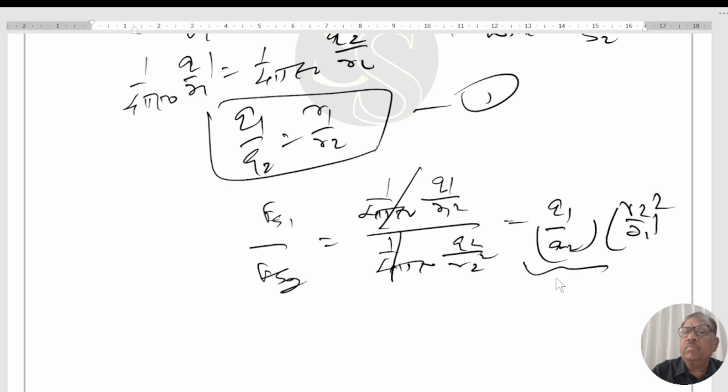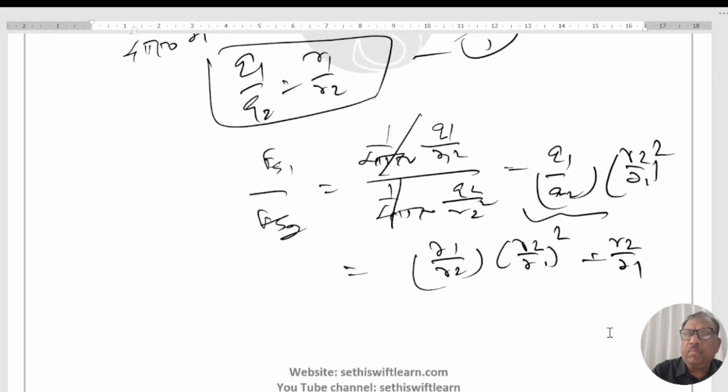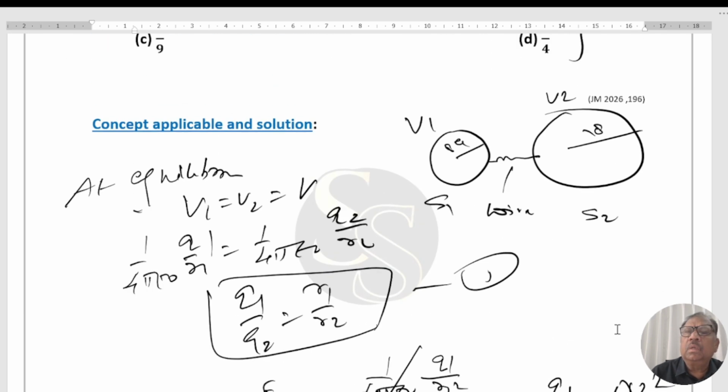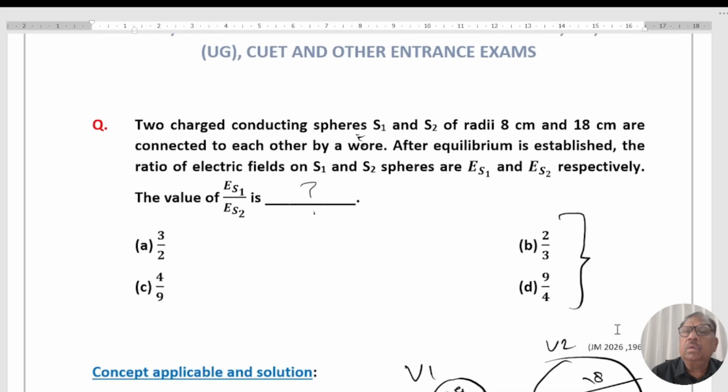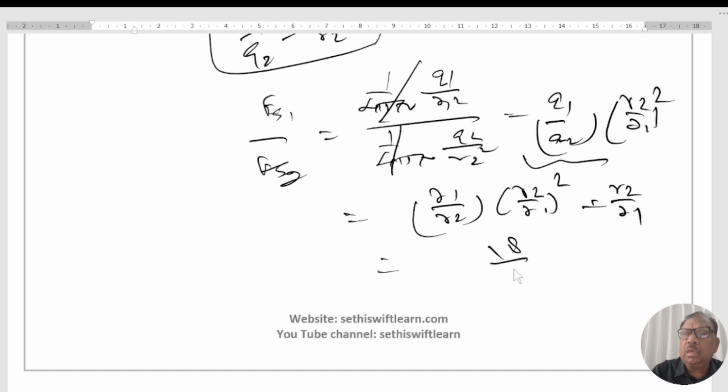Using equation 1, we get R1 over R2 times R2 over R1 whole square, that is R2 over R1. R2 is 12 upon R1 is 8, that is 3:2. That is the answer.